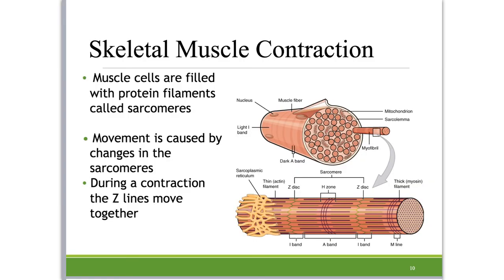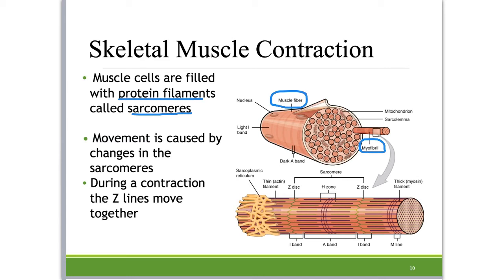Now I want to talk a little bit about how contraction works. As I mentioned, your muscle cells are filled with various protein filaments and organized into areas called sarcomeres. In this diagram, we've got a muscle cell, so a muscle fiber. And then we're pulling out one of those groups of protein filaments called a myofibril. So there's more than one protein in there.